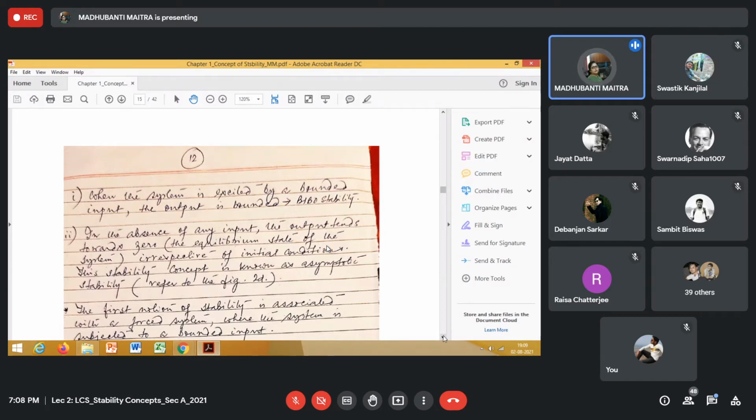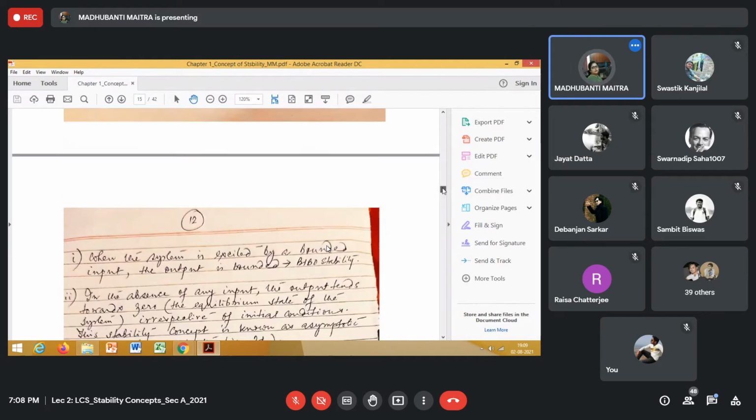That means it will always be able to regain its initial condition of motion. So in the absence of any input, the output tends towards zero. That is the equilibrium state of the system irrespective of initial conditions. So this stability concept is known as asymptotic stability.